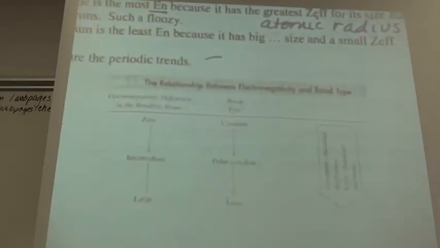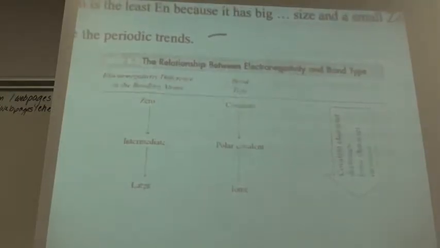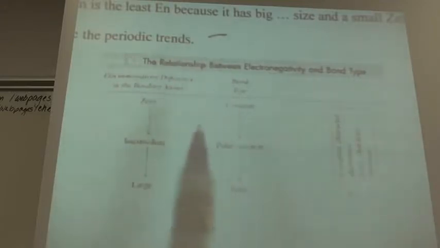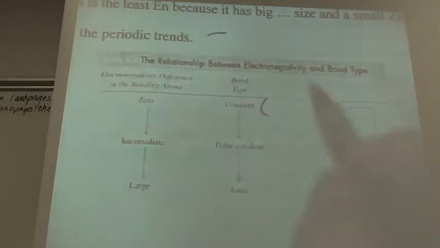Okay, this is what I need you to remember about the difference in electronegativity and the type of bond. If the difference in electronegativity is 0, then the bond type is covalent. That is nonpolar covalent.